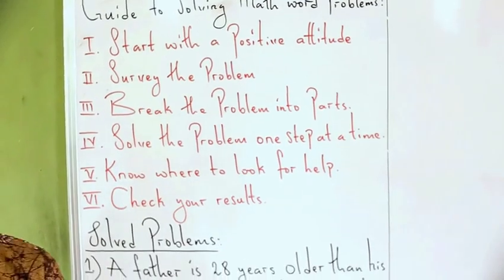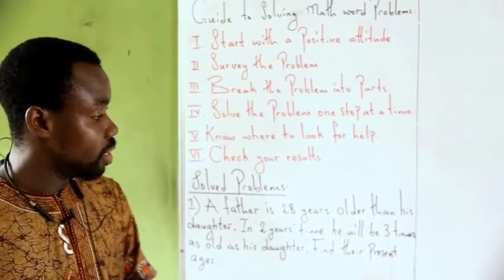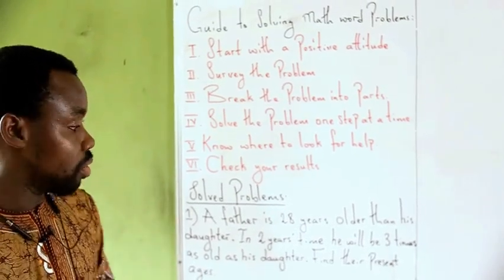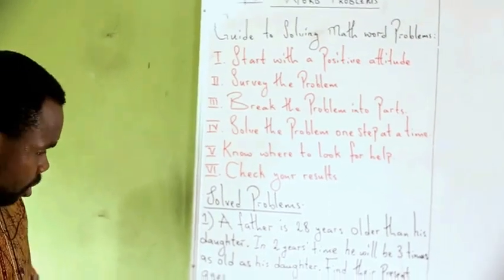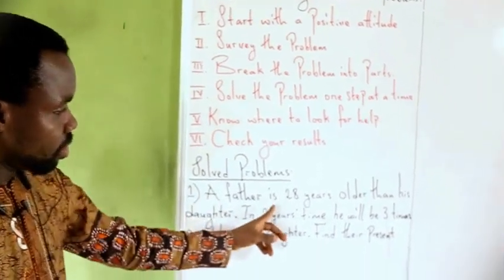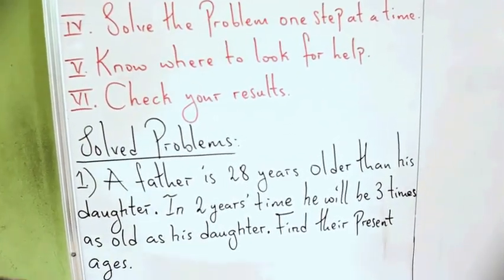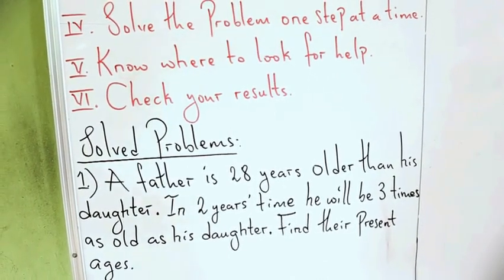So for today's class, we are going to focus on word problems leading to linear equations and word problems leading to quadratic equations. So we have our first question on the board. The question says, a father is 28 years older than his daughter. In 2 years' time, he will be 3 times as old as his daughter.